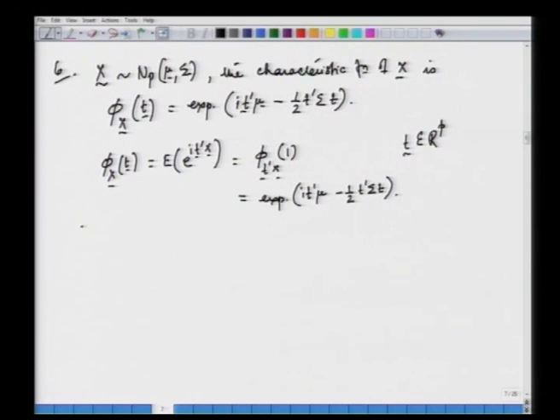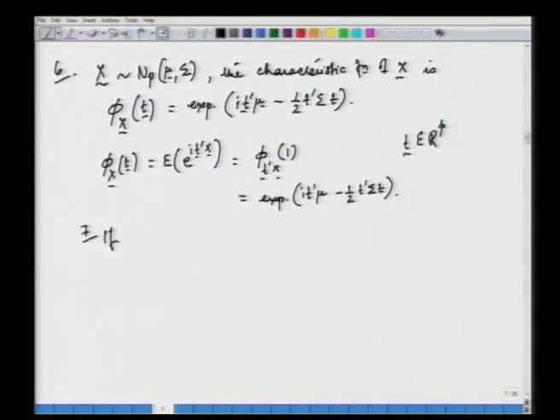Now, our next result: while partitioning our random vector, we have talked about the independence of the constituent parts. When do we have independence? Similarly, in this setup also we are going to talk about the independence of the constituent parts of the random vector.